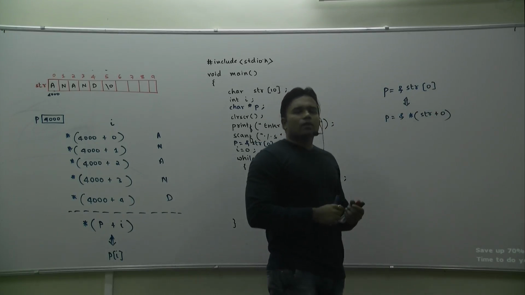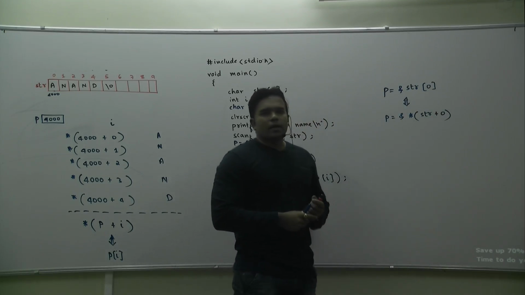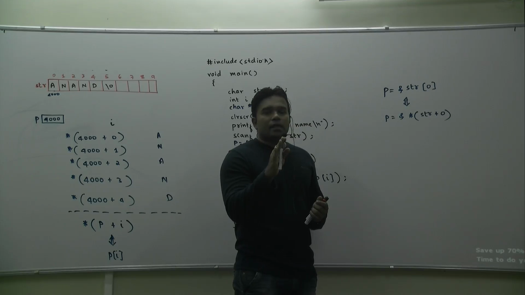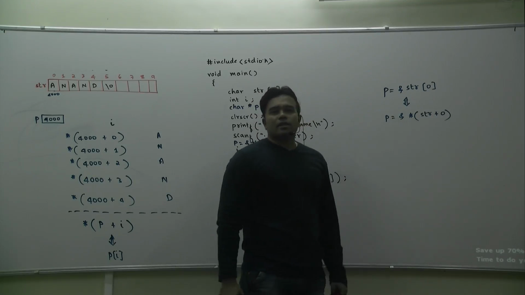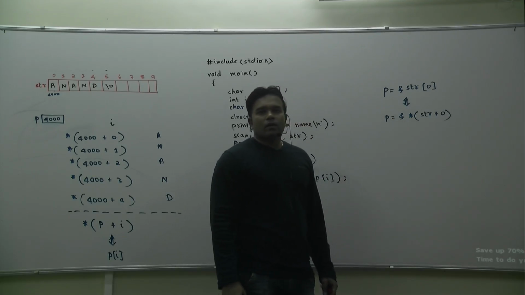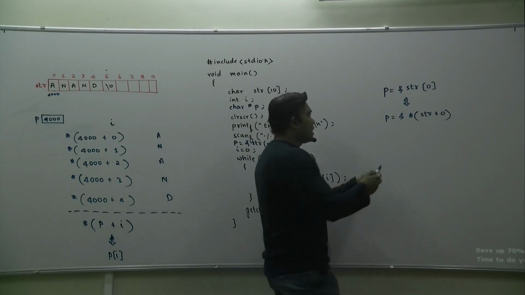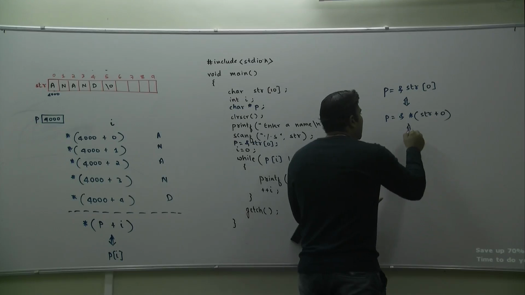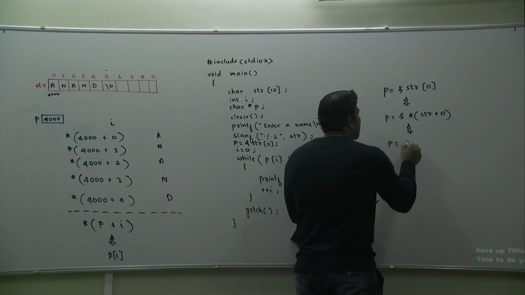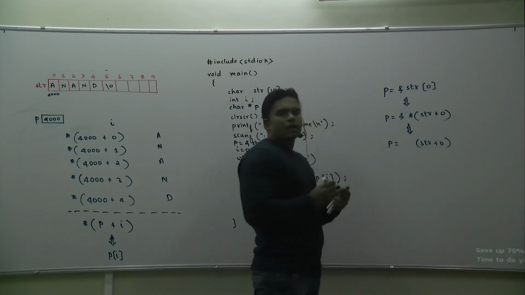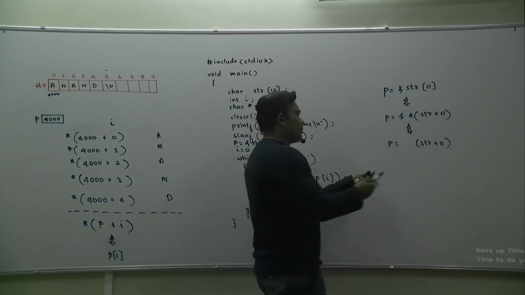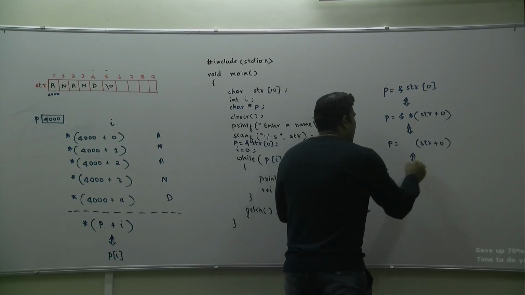Oh okay sir, so what, you may ask? Remember, in mathematics, plus and minus cancel each other; like that, in programming, star and ampersand cancel each other. So it becomes P equal to str plus 0, and str plus 0 is nothing but str.